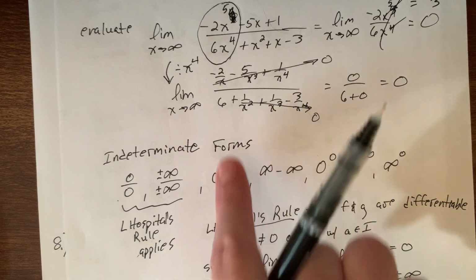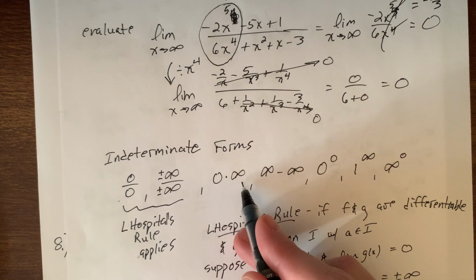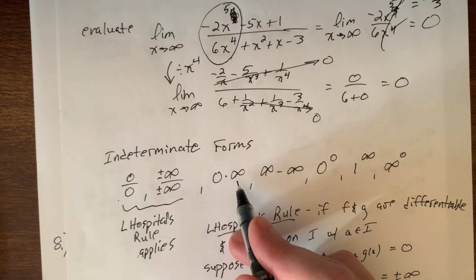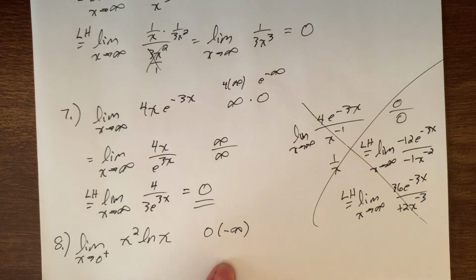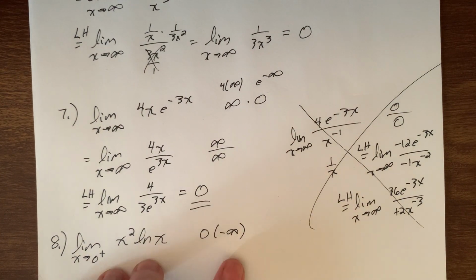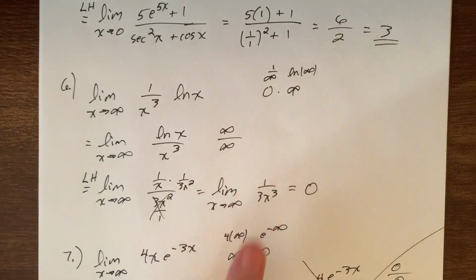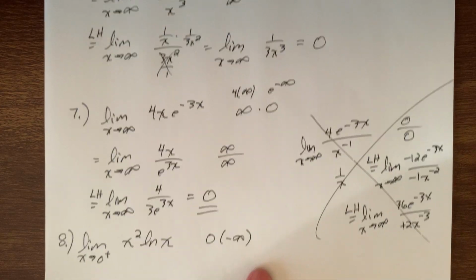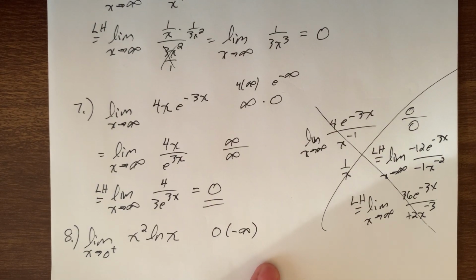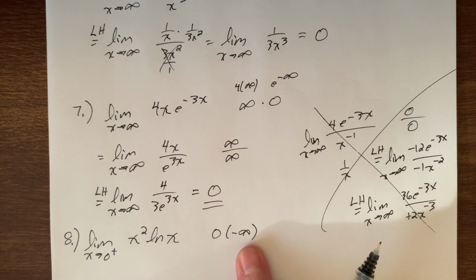I didn't want to try and use parentheses to show that. 0 times any infinity. We said that in words when we wrote this, and here it is. It's not just 0 times positive infinity, like we saw here and here. 0 times any infinity is indeterminate.